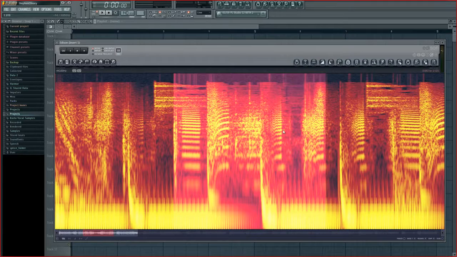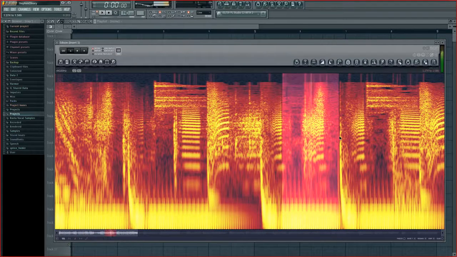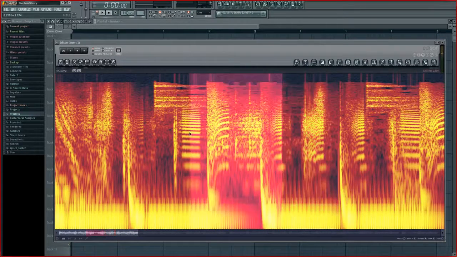See, what gets me is this kind of weird little in-betweeny bit, which sounds like distorted reverb that they're putting behind the sound.